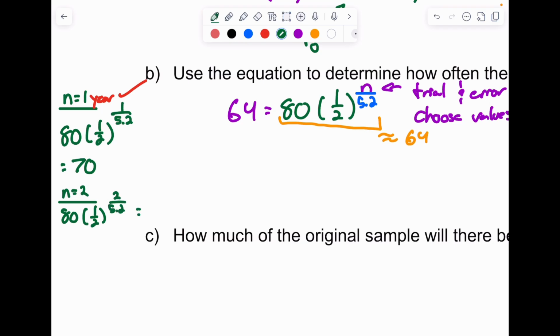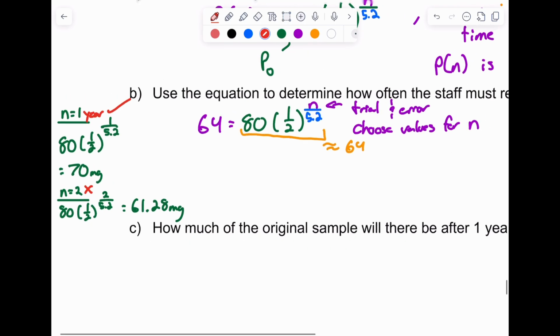So 2 divided by 5.2, then 0.5 to the power of the answer, times that by 80. In this problem I got 61.28, and that's milligrams. So this one did not work, okay?